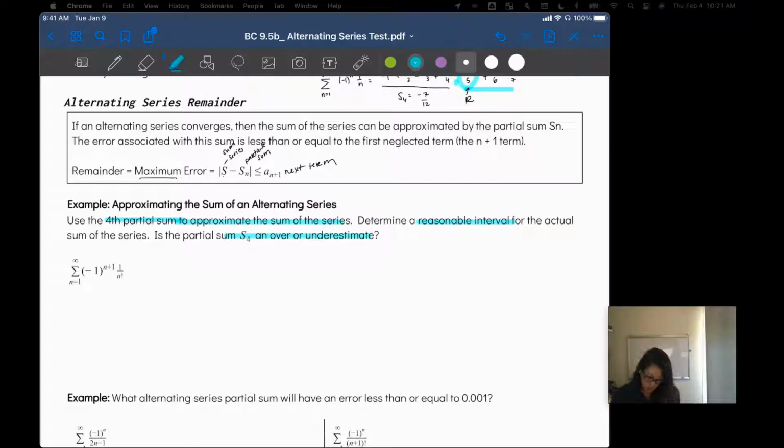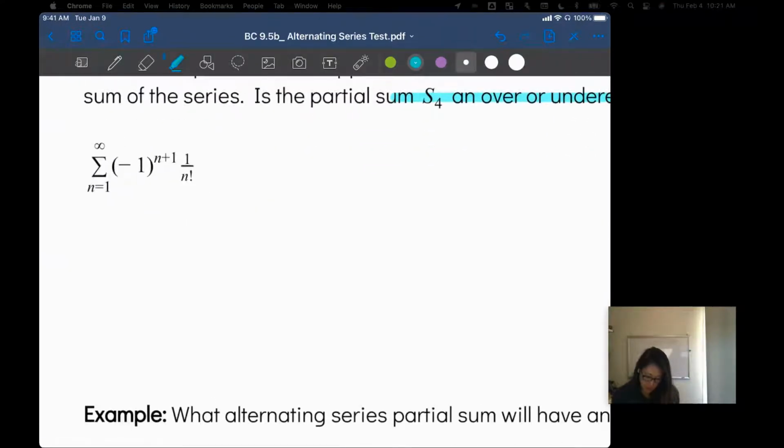All right, so to get the partial sum, we're going to substitute in n equals 1. So I get -1 to the 1 plus 1, that gives me 2. So that's -1 to the second power times 1 over 1 factorial.